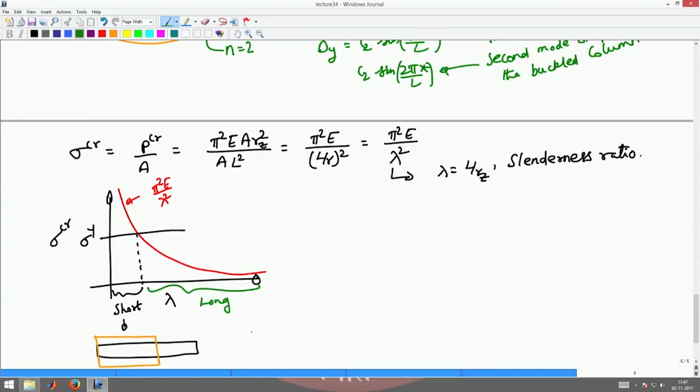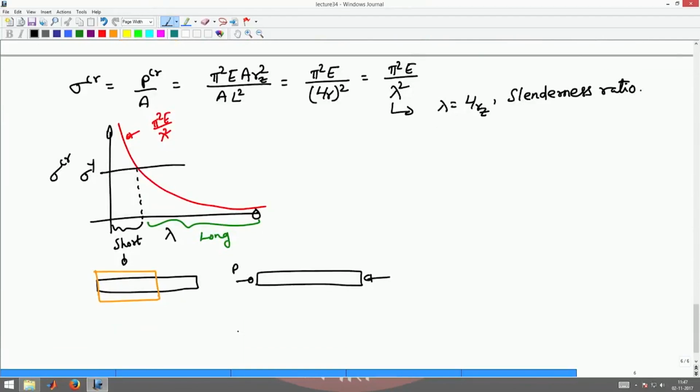In this regime, what will happen is the same column when subjected to a compressive force P will bend like this. Will bend like that and fail. Okay. So, that is how the long column fails, and this is how the short column will fail. So, the failure modes will be different for a long column and a short column.